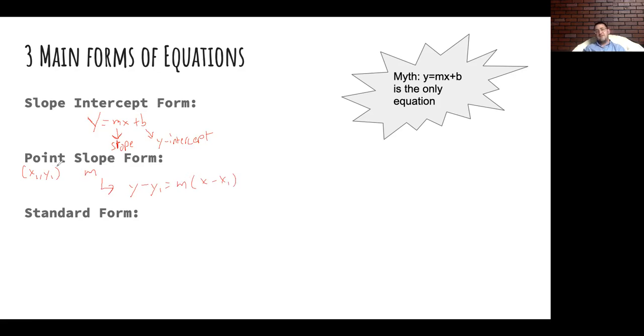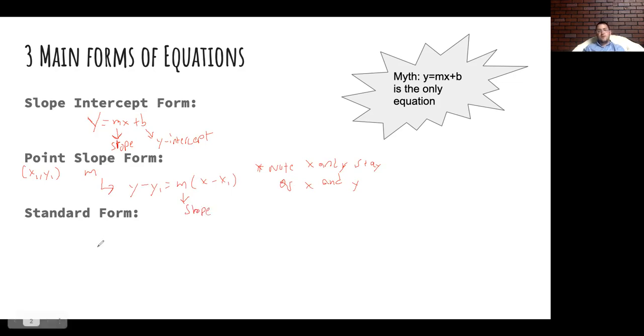So my point is the (x1, y1) coordinate, and note x and y stay as x and y. So if you are given a point and a slope, you will want to use point slope form.